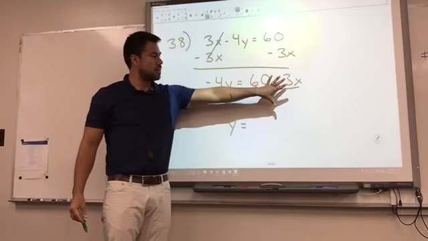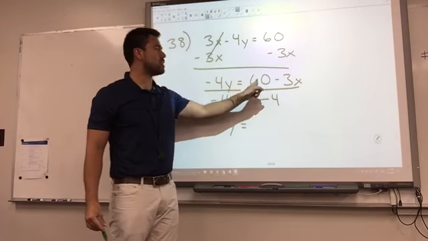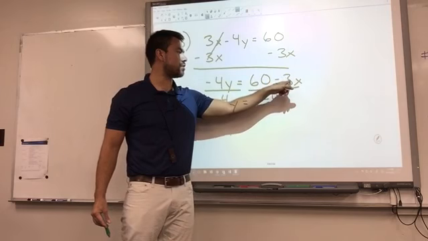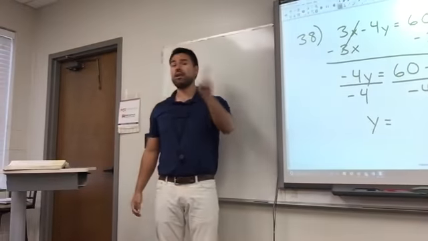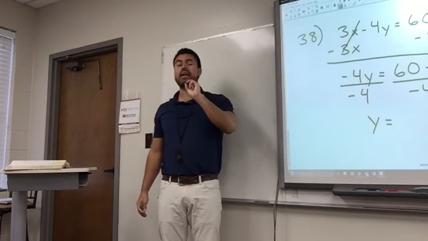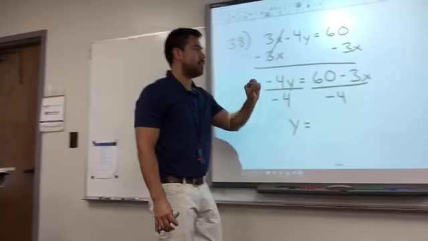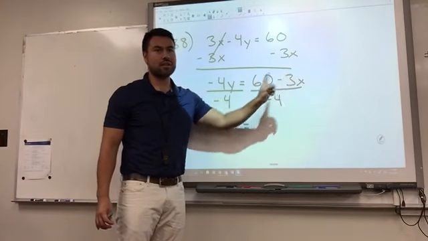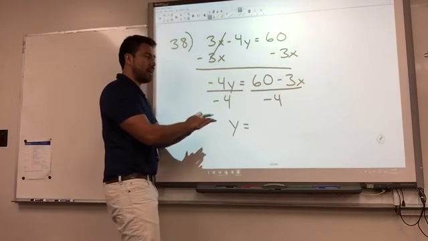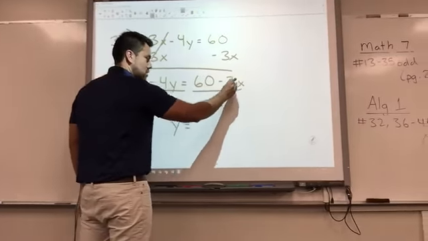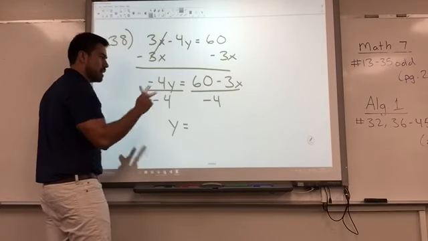Now, look at this little part right here. Do both 60 and negative 3 divide by 4 evenly? Does one of them divide evenly? Yes. Okay, you have a choice. You can leave it like this and put in your x values. I wouldn't recommend that. Or you can still divide it out and deal with this fraction. And I'm going to do that second method.